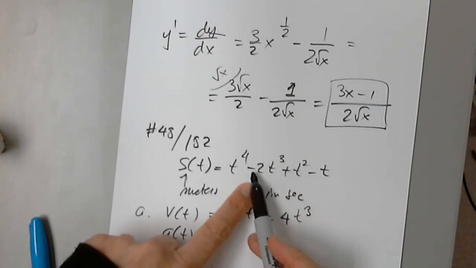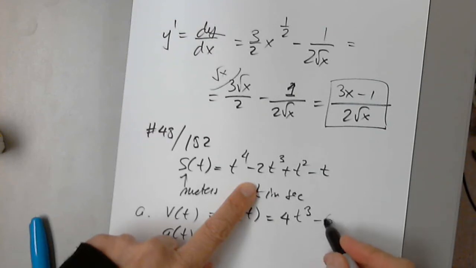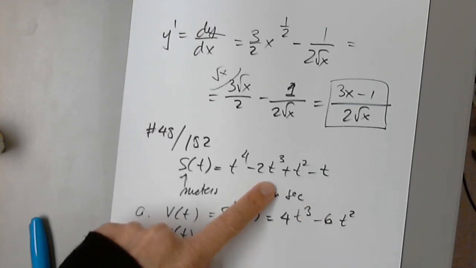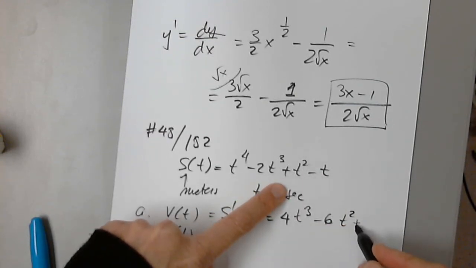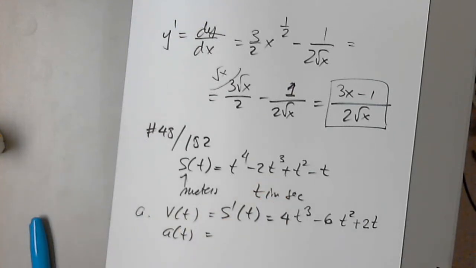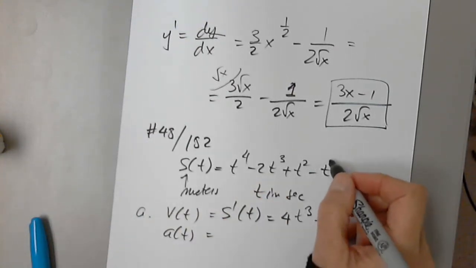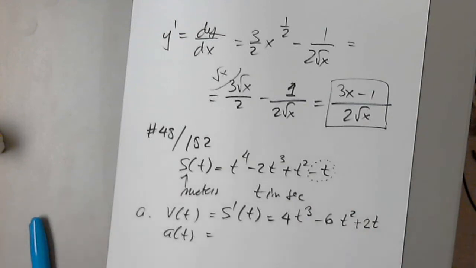We bring down 3, multiply by -2, -6, and subtract 1 from the power. And of course, we bring down 2 and subtract 1 from the power. And what is the derivative of -t? -1. That's the slope of -t. The rate of change of -t is -1.